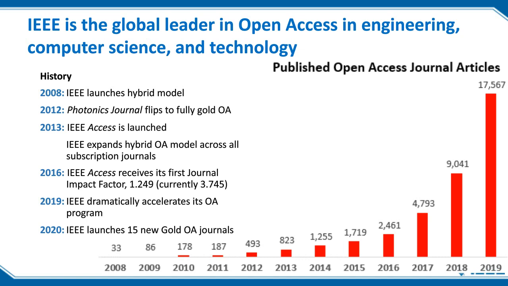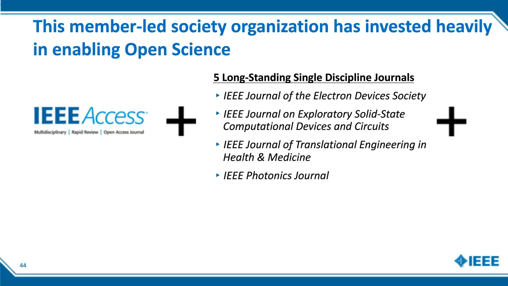Access received its first journal impact factor in 2016, and as you could see, it has climbed steadily throughout the years since then. We've really ramped up and invested heavily in our open access options in just the last 2 years.